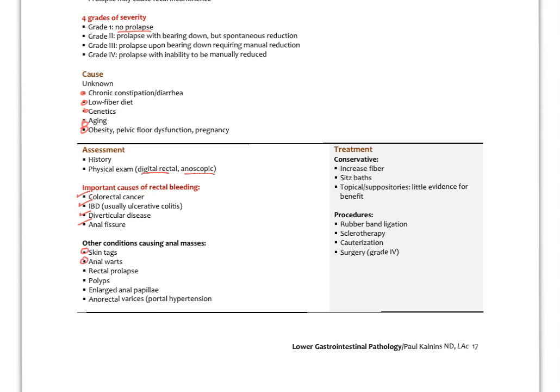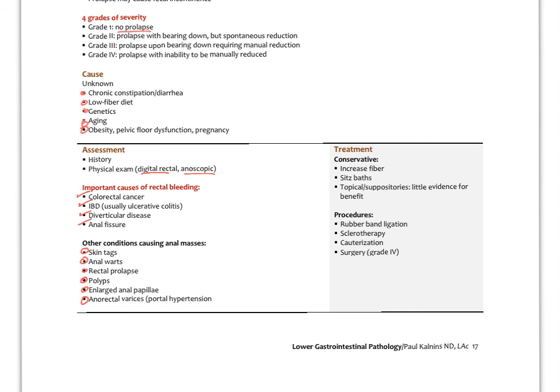This is a sexually transmitted disease. Anal warts is from human papillomavirus. There are different strains. They can actually predispose to anal cancer, and so that's something to investigate. Rectal prolapse, polyps, enlarged anal papillae, and then anal rectal varices, and that would be from portal hypertension affecting the internal hemorrhoids.